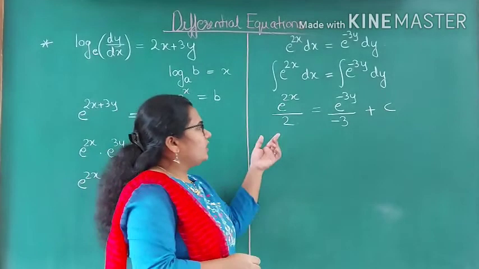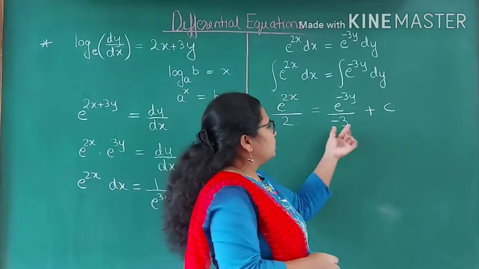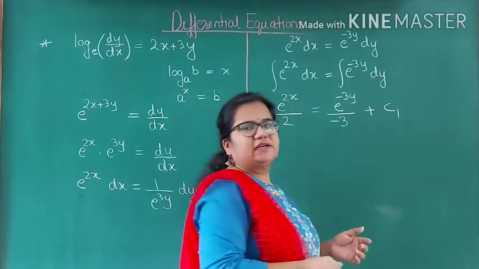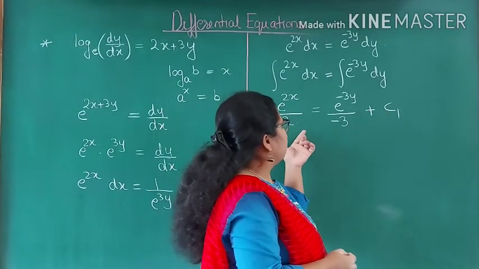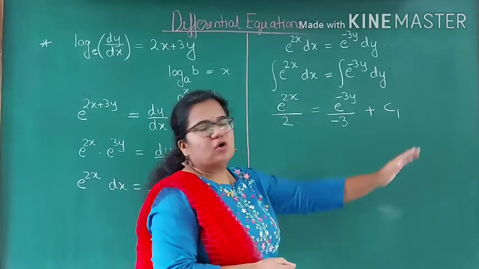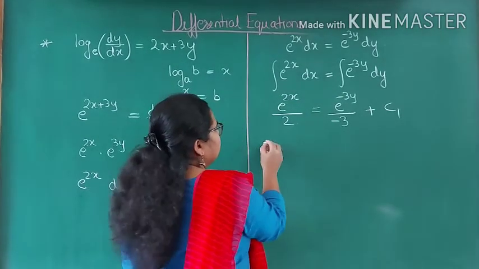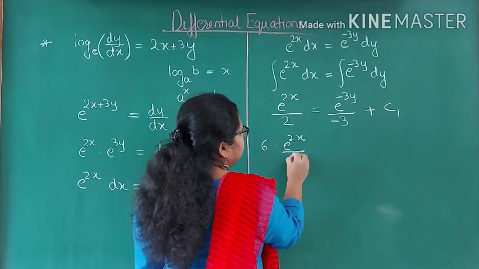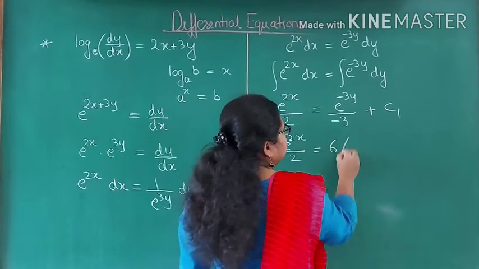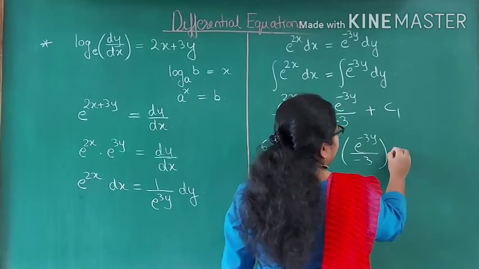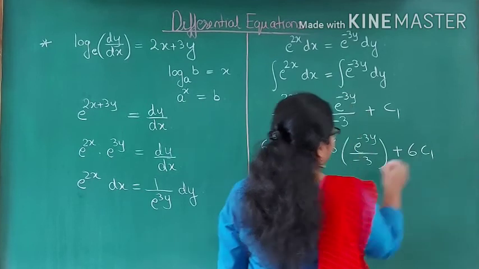Now you can see your denominator is 2, and your denominator is minus 3. I can take this constant as c1, so I will simplify the given equation a little. 2 into 3 is 6, so I will multiply the whole equation by 6. So 6 into e raised to 2x upon 2 equals 6 into e raised to minus 3y upon minus 3 plus 6c1.